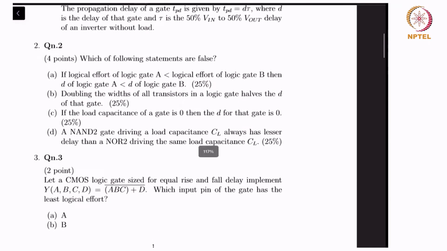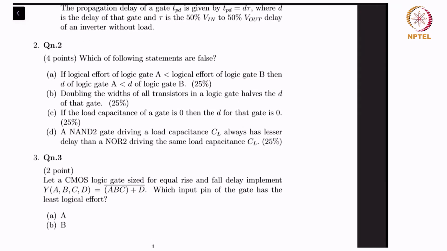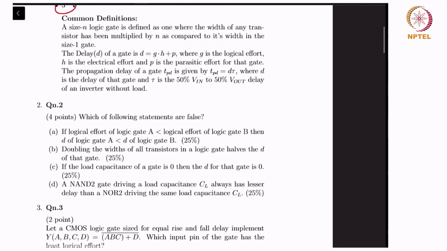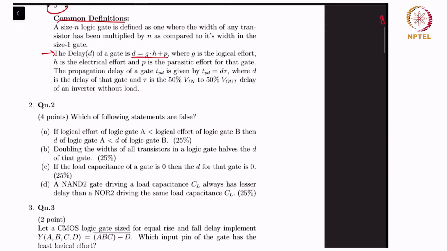In question number 2, which of the following statements are false? If the logical effort of a gate A is less than the logical effort of gate B, then the delay of logic gate A is less than the delay of logic gate B. Now, essentially, you can find the definition of the delay in the common definitions. The delay of a gate is simply GH plus P, where G, H and P are the logical, electrical and parasitic efforts of the gate.